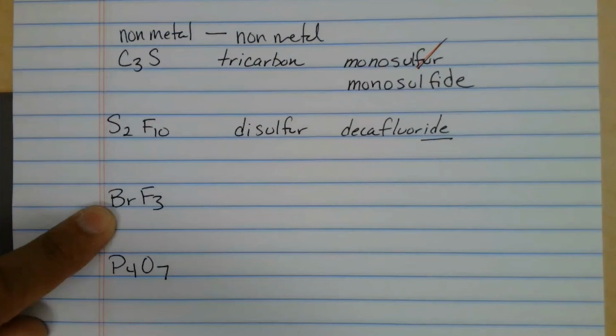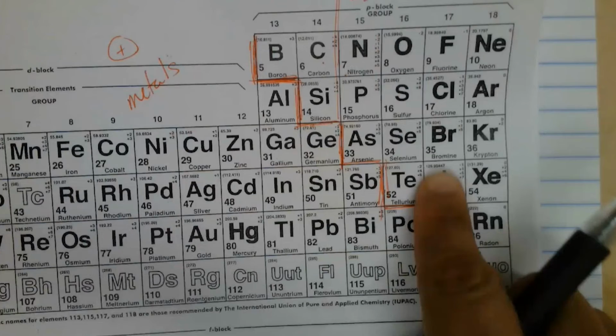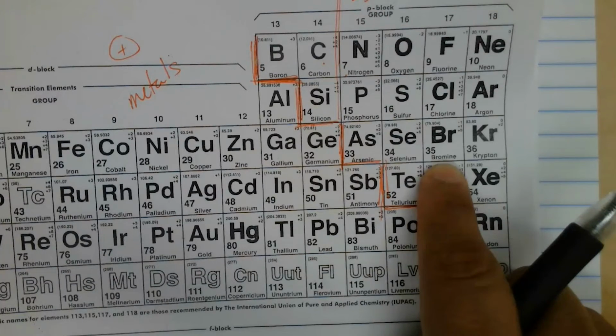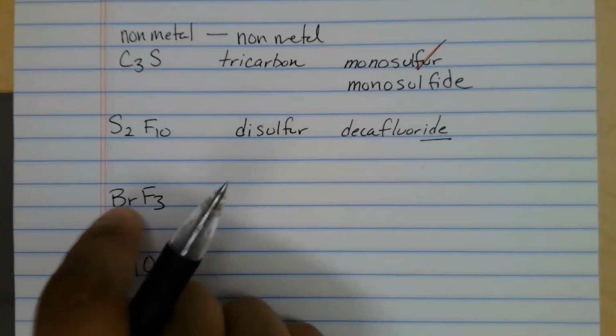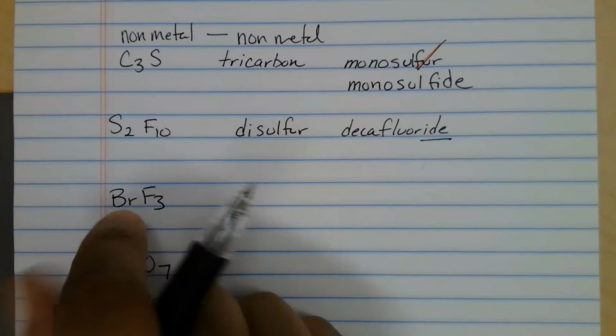A Br, the symbol for Br is bromine. And there's only one bromine. Okay, so this is a good example. There's only one bromine.